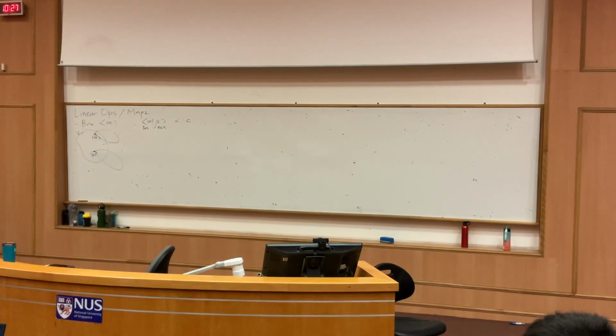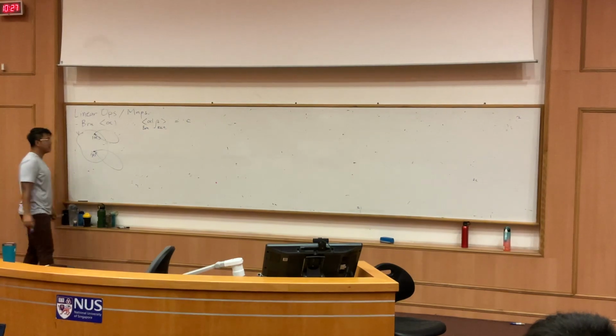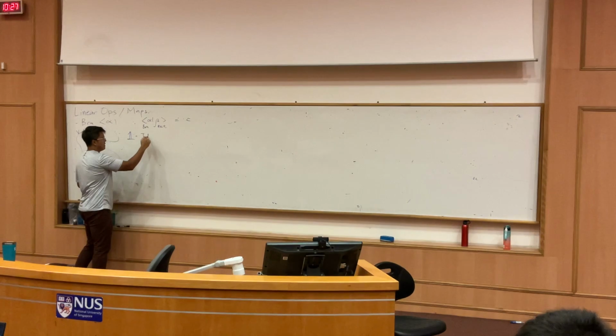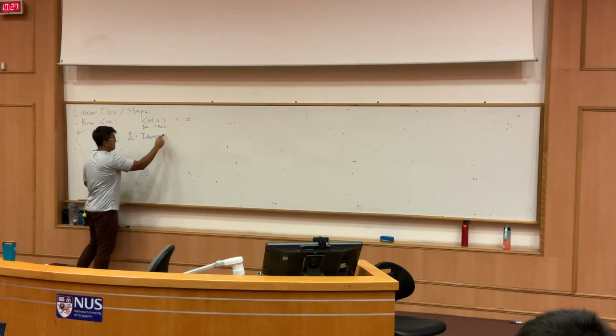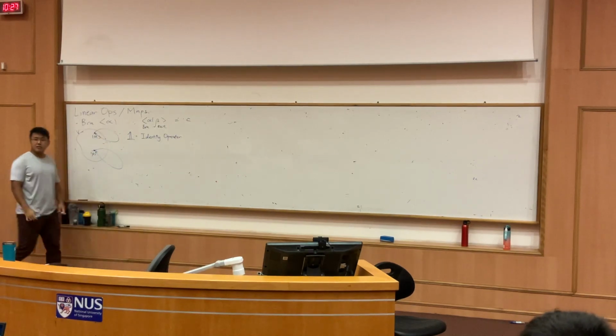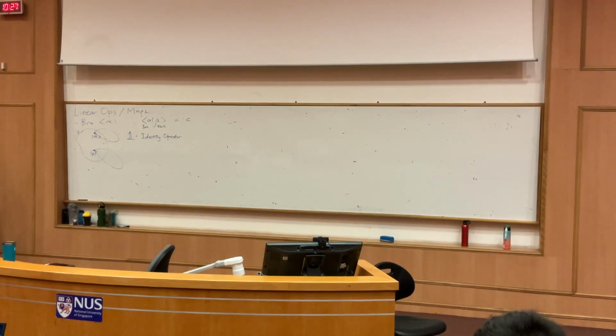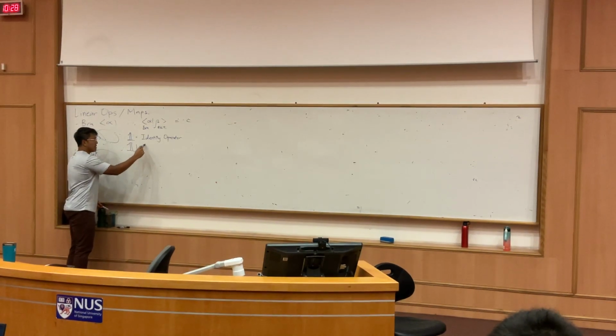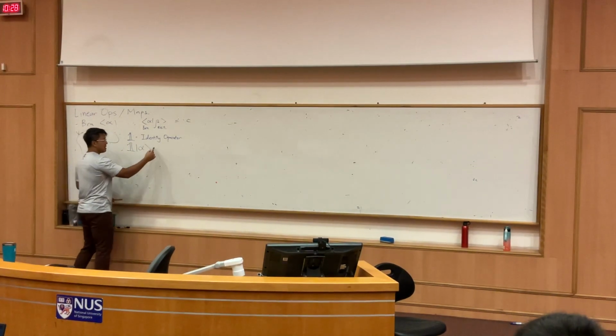Okay, fine. Let's give it a name. Let's give it the identity operator name. As the name suggests, the whole point of the identity is to do nothing. It's to send a vector back to itself. So the identity is such that if you apply it to a vector alpha, for any alpha, it comes back to itself.